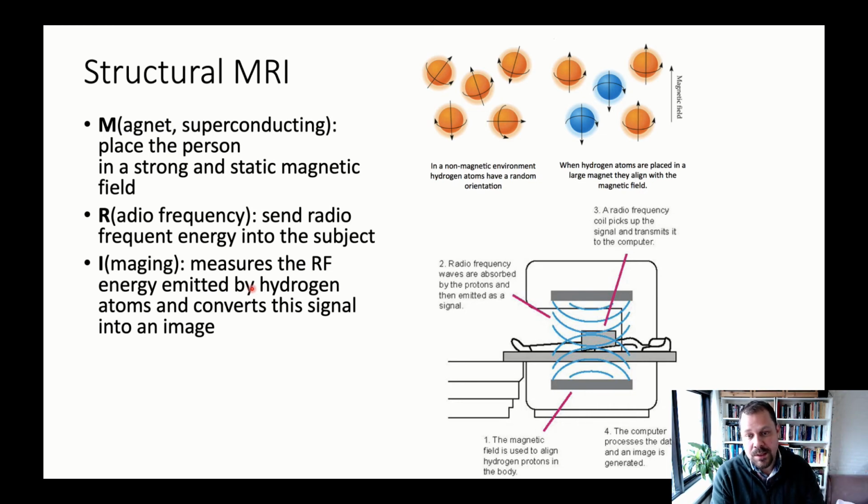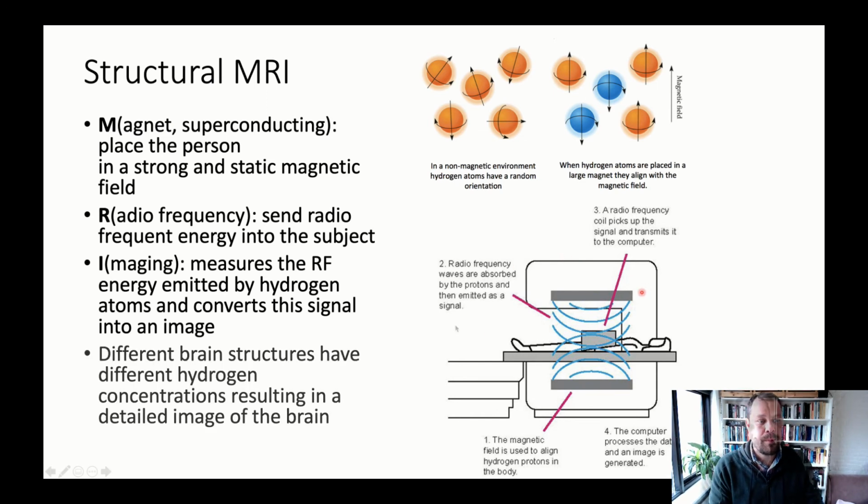You can pick this up via a radio frequency coil that's also inside the scanner. So it's an electromagnetic radiation that's emitted by these hydrogen atoms going back to their aligned state within the magnetic field. So this is basically, very superficially, how the scanner works.